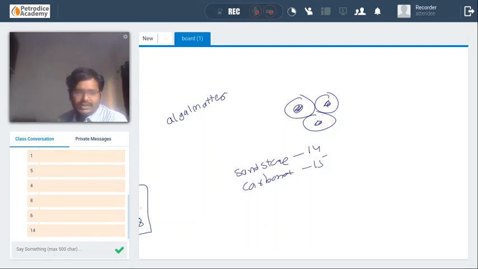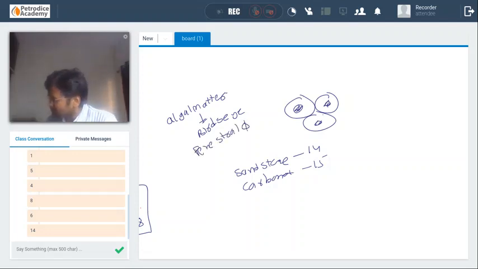Okay. See guys, the porosity that is present due to the disintegration of the algal matter is bird's eye porosity. Other name for the bird's eye porosity is fenestral porosity.